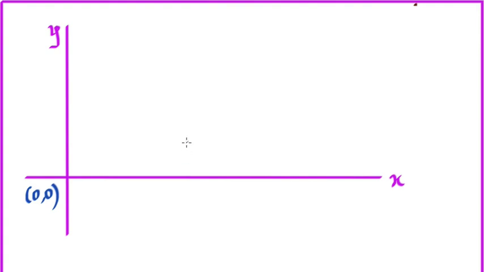Let's start with a coordinate system. Let me draw the y-axis and then the x-axis. This is the x-axis and this is the y-axis, and let us say the first vector I am going to draw goes from the point 0, 0, the origin, to the point, let us say 1, 2, 3, 3, 2.